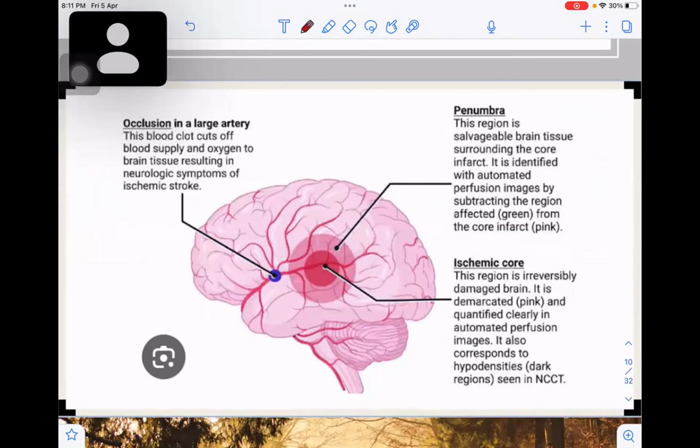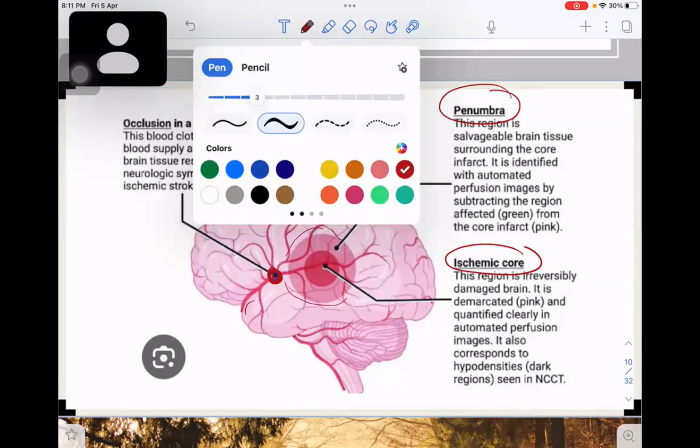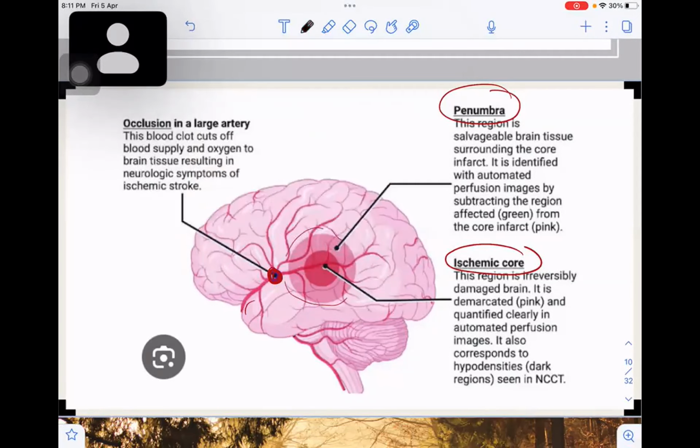That is, the ischemic core, which is the umbra, and there is something called the penumbra. As you can see in this image, this is one of the major vessels, and it is being occluded by a thrombus. Suppose this vessel is supplying all of this area. Whenever it is occluded, some portion of the brain supplied by this vessel is not supplied by any other vessel at all.